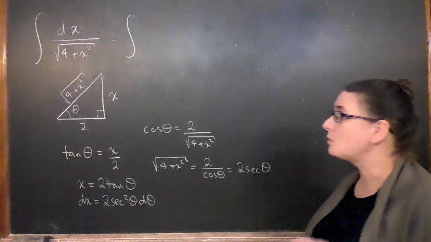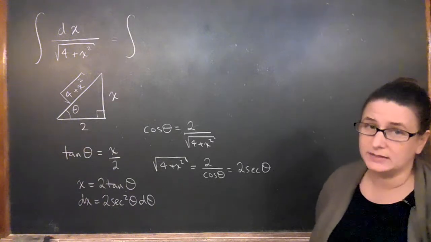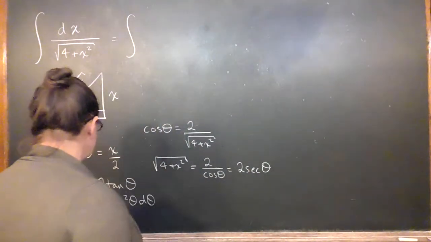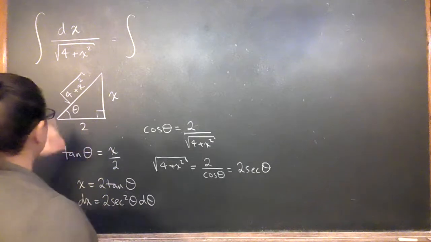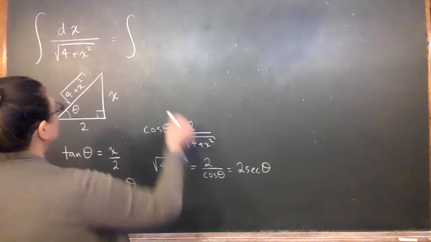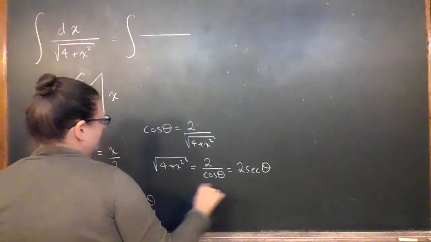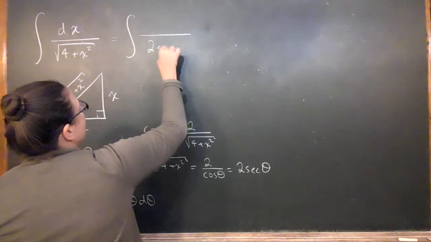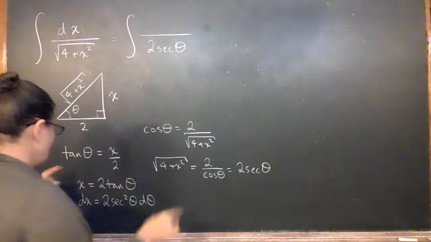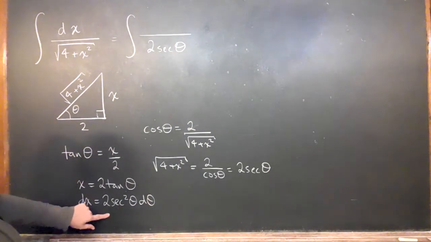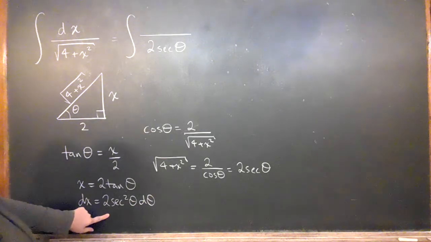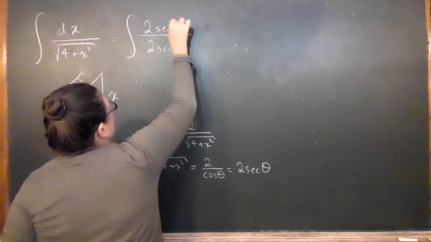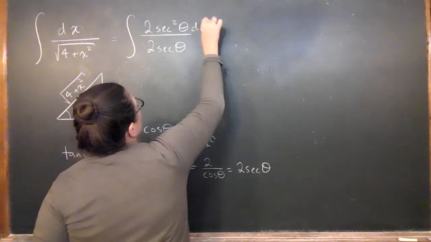So that's why we always need to write the dx and we write the integral, because it's actually in there, right? Here on the bottom, the square root is 2 secant theta. Here on the top, though, I have the dx, so this is going to be 2 secant squared theta d theta.